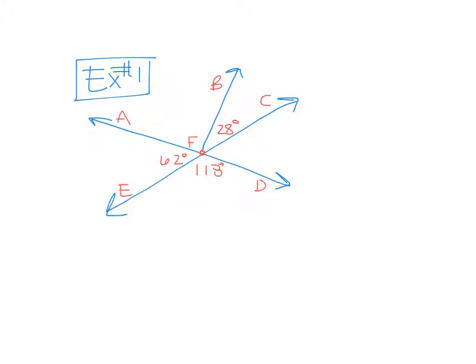If I ask you, are angle BFD and angle CFD adjacent? Okay, take a look at which two angles we're talking about here. So if I highlight angle BFD, okay, what's my vertex on BFD?